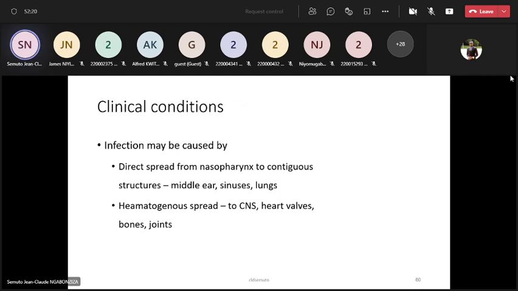As clinical conditions, it is a cause of central nervous system, heart valve, bone, and joint infection and inflammation. It can spread from the nasopharynx directly to contiguous structures, the middle ear, sinus, and lung, or hematogenously to the central nervous system, causing meningitis, heart valve infection, osteomyelitis of bones, and arthritis of joints.